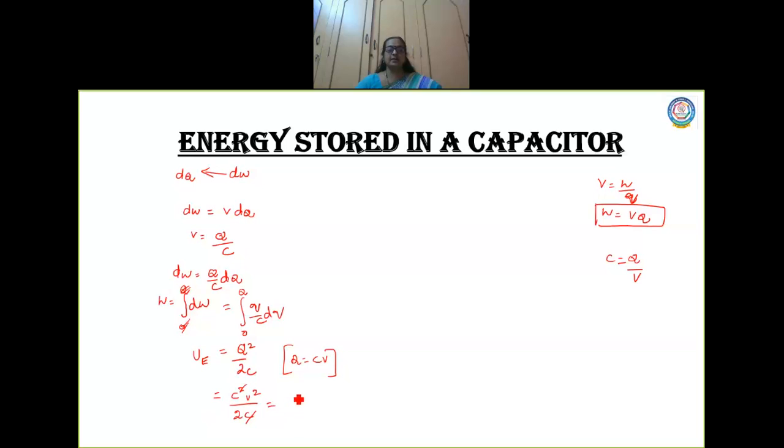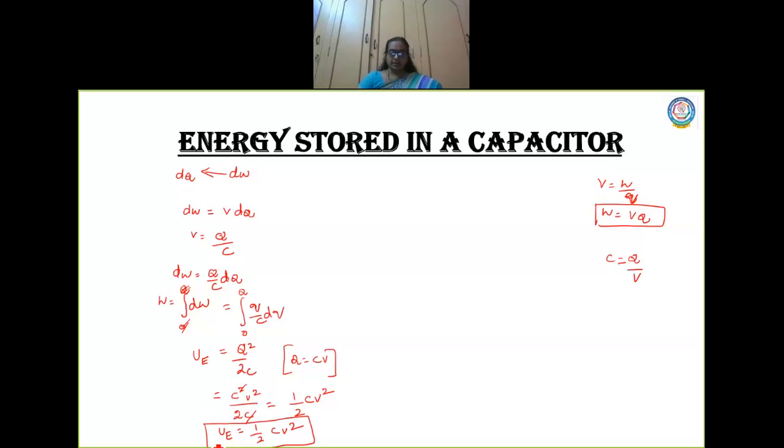So here I have 1 by 2 CV square, which is the electrostatic potential energy of a capacitor, given as half CV square.